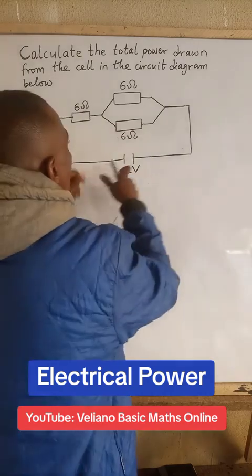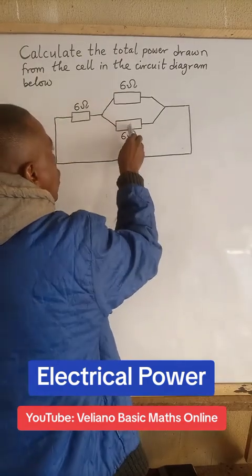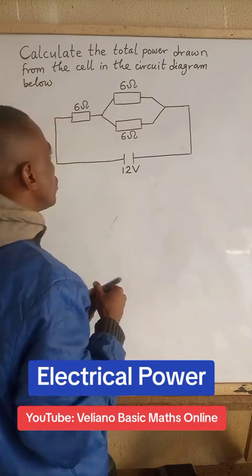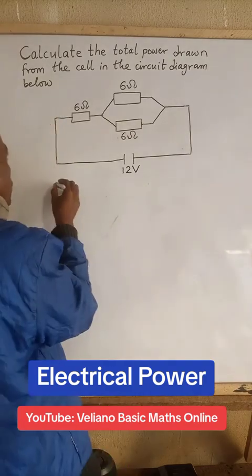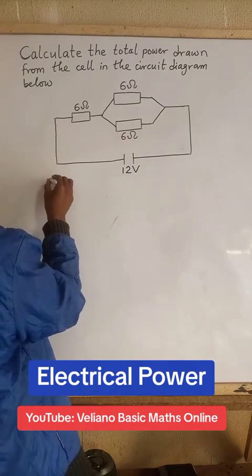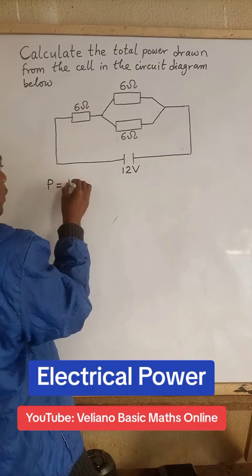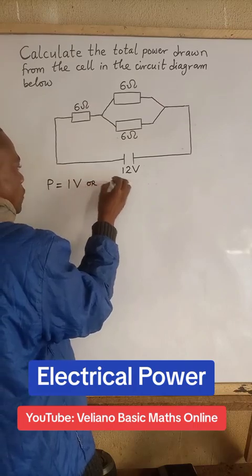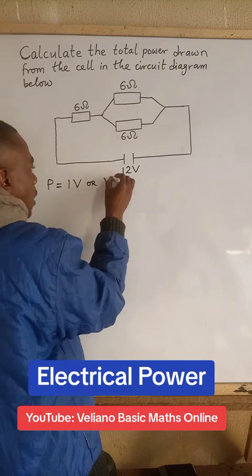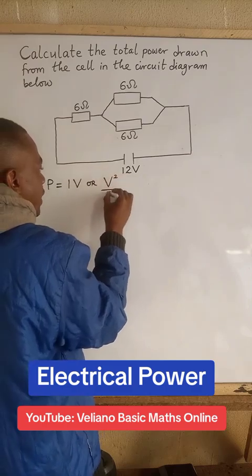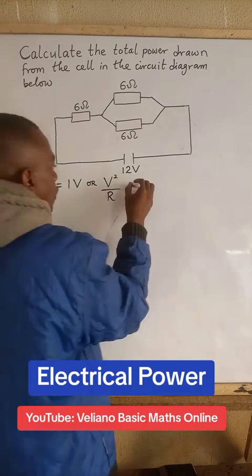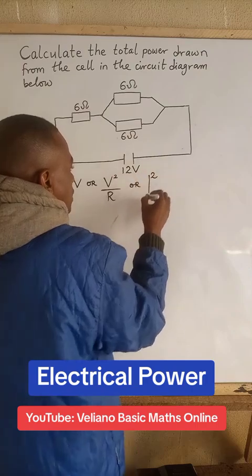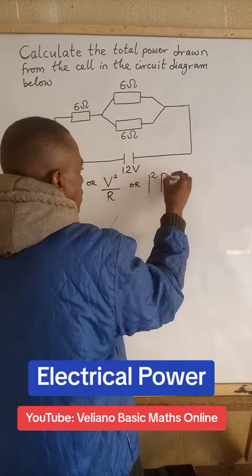When you look at this cell, you will observe that these two resistors are in parallel. But before we go further, note that the formula we use in calculating electrical power is current times the voltage, or voltage squared over the resistance, or I squared, which is the current, times the resistance.